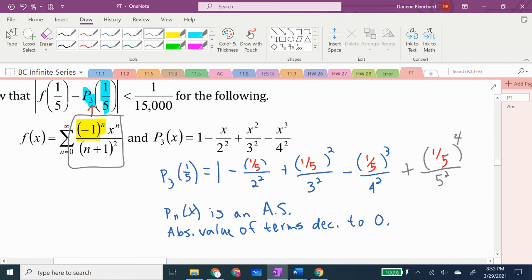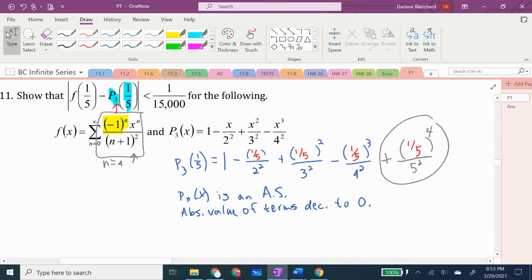That was going to be what my next term would be. And again, double check. I'm plugging in n equals 4 to get that fourth term. I should have x to the fourth, positive 1, and then 4 plus 1 is 5 being squared. Yes, that is my next term that is first not written.